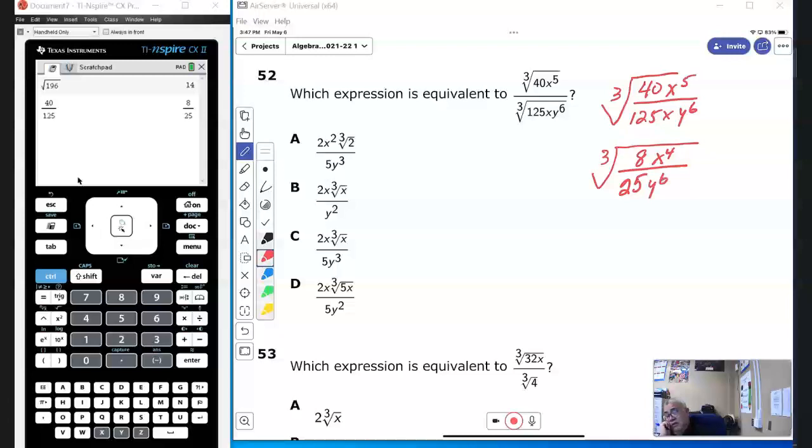Now I know that I can find the cube root of 8. Because remember that 8 is the same thing as 2 to the power 3. So it's 2 times 2 times 2. So the cube root of 8 is 2. The cube root of 25, we're going to have to leave it like that.